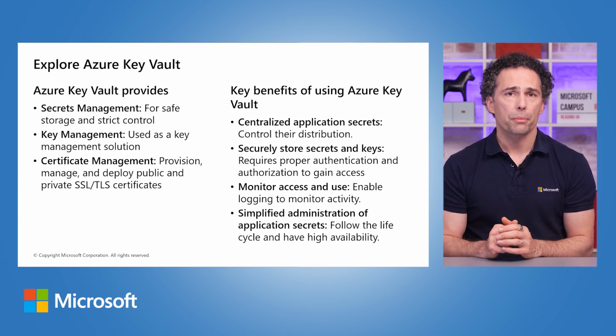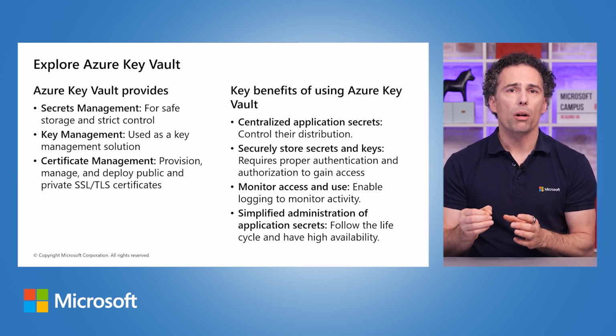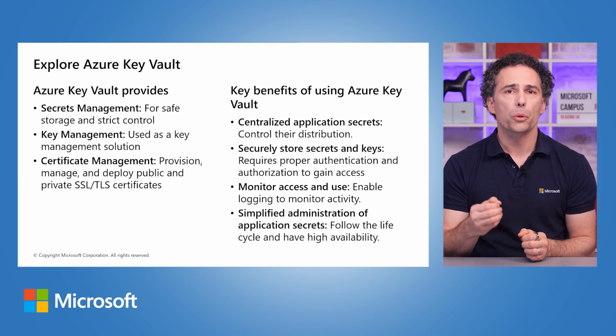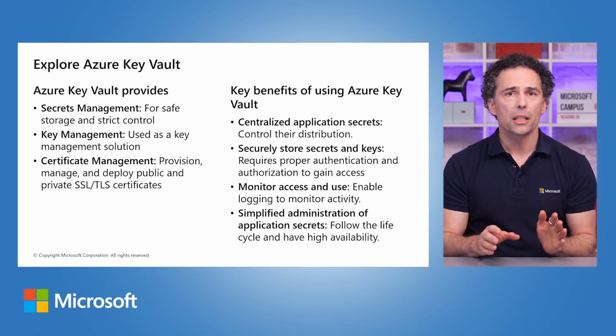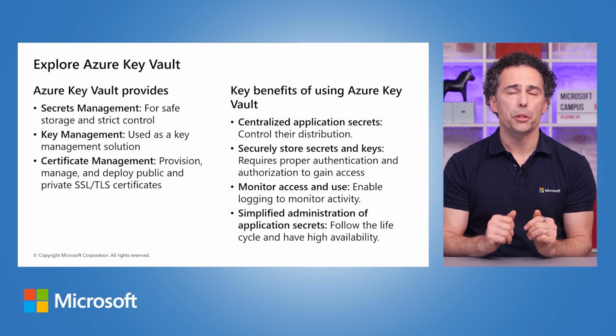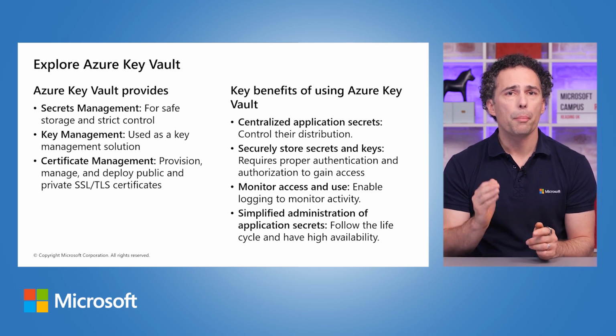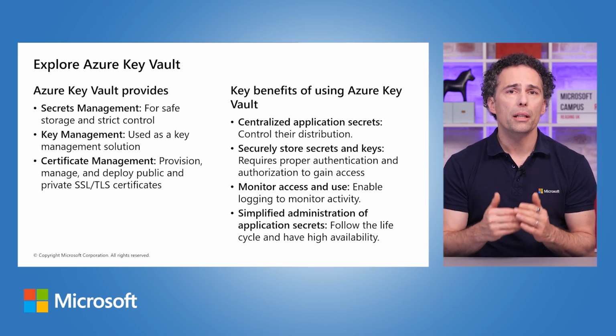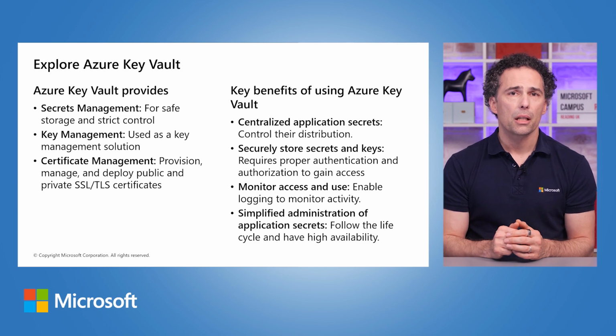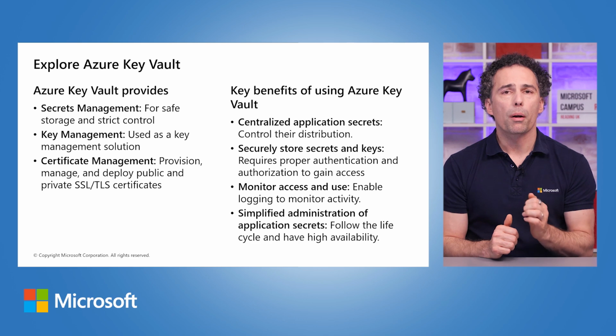Centralized secret storage. The beauty of Azure Key Vault lies in its centralized secret storage approach. Related secrets reside in a single location, streamlining management and minimizing the effort required for necessary updates. When changes are needed, they need only be made in one place.